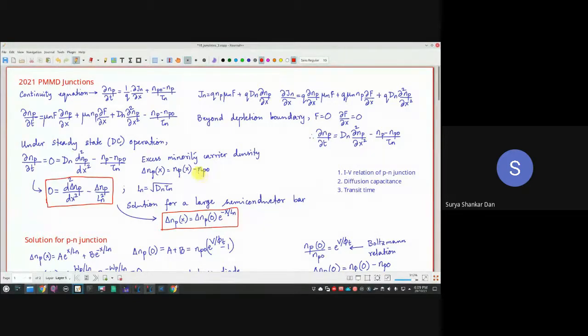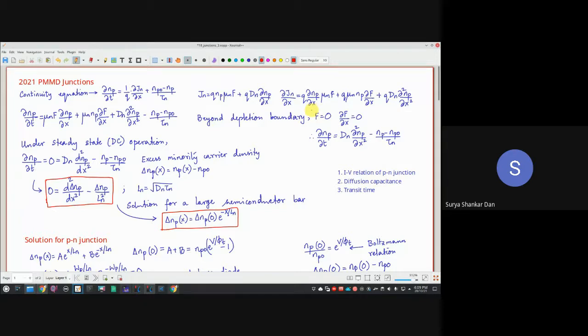Now I'm going very slow because it is soon going to be very complicated. Beyond the depletion boundary, as I said, after the depletion boundary is only what we are concerned about. Beyond it, the field will be 0. Obviously, remember, beyond the depletion boundary you have got free carriers, connected to the terminal.